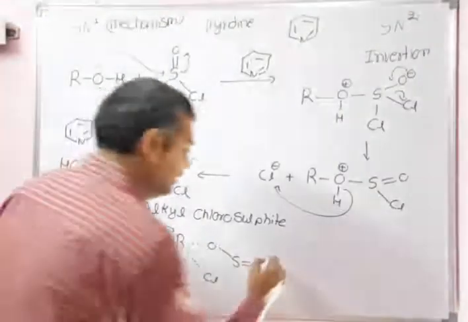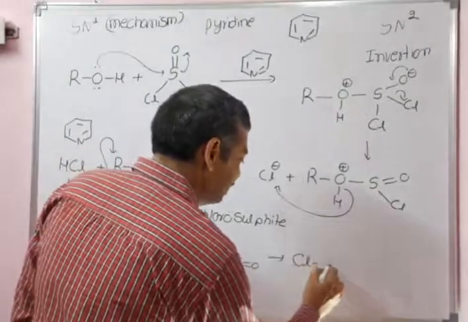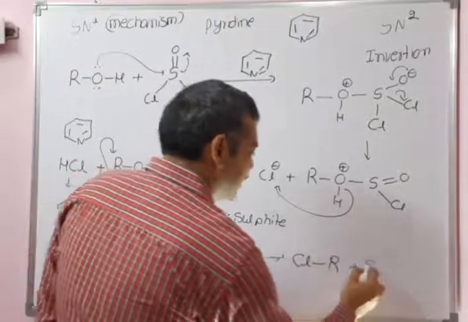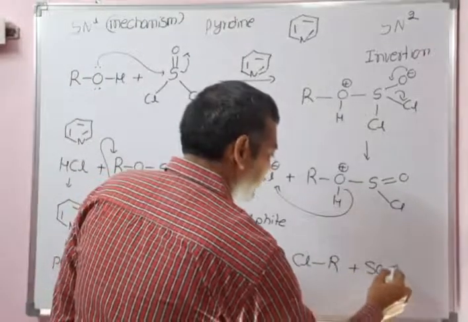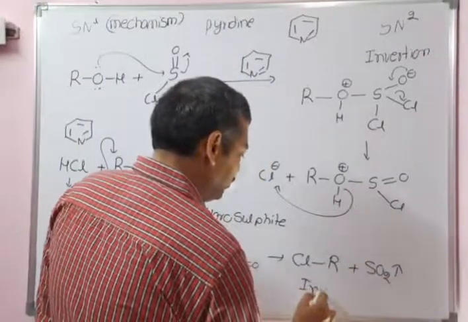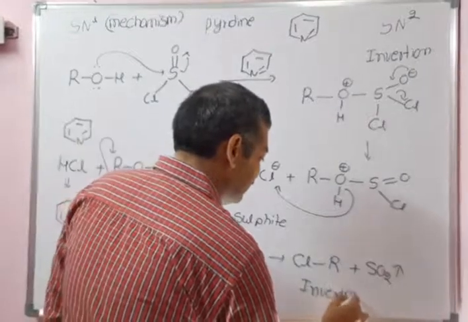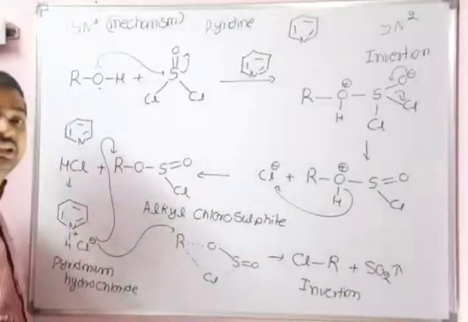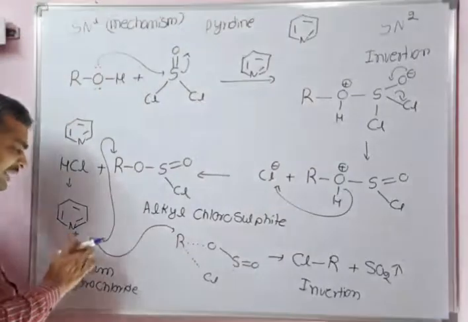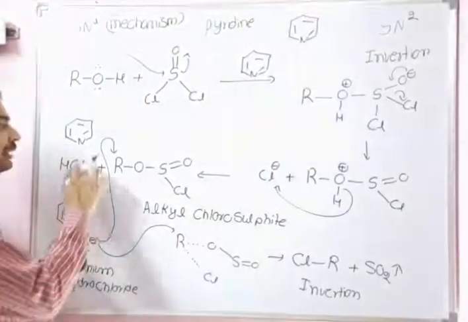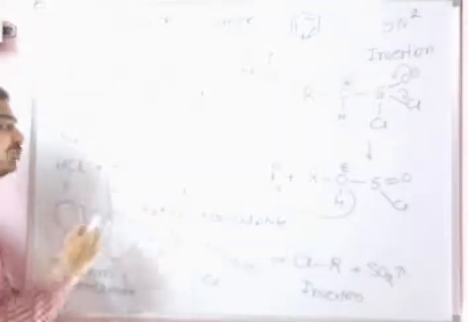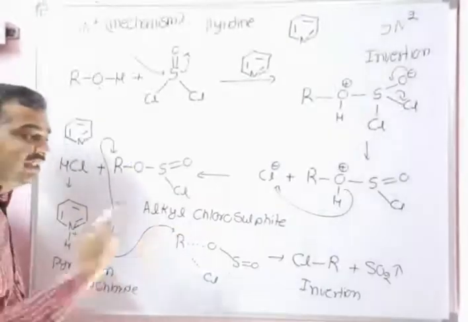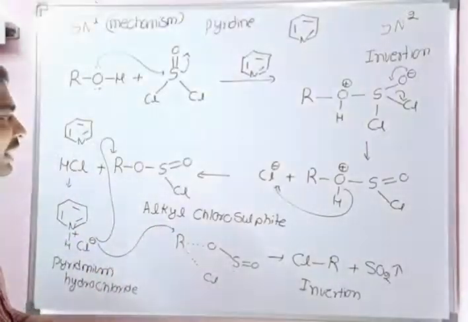As a result, we will get inversion of the configuration, and SO2 will be eliminated from the reaction. It won't allow this rearrangement through the 4-centered transition state. Instead, directly, since the Cl minus source is there, that will attack backside with respect to the OSO2 group, and we will get the inversion of the configuration.